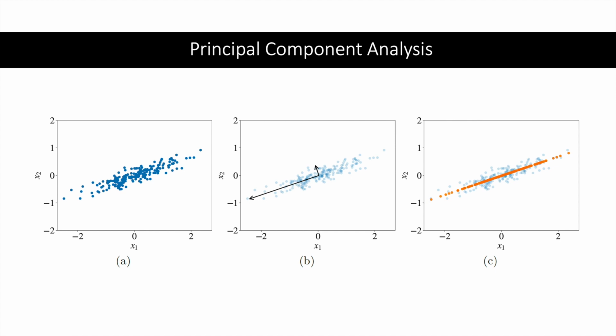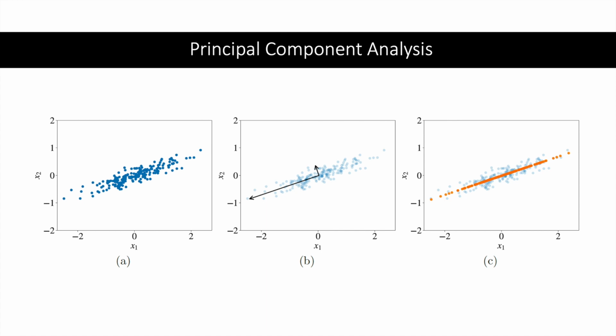Consider the 2-dimensional data that we have here in figure A. Principal components are vectors that define a new coordinate system in which the first axis goes in the direction of highest variance in the data, and the second axis is orthogonal to the first one, as you see here in picture B. So if our data was 3-dimensional, the third axis would be orthogonal to both of these 2.